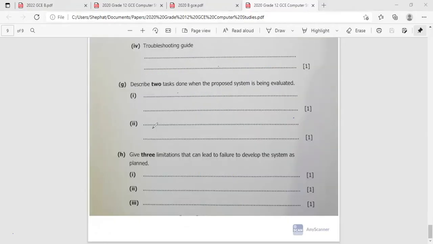Question H, give 3 limitations that can lead to failure to develop the system as planned. So there are many things that can lead to a system not being developed. One of them is the insufficient budget, lack of financial resources.